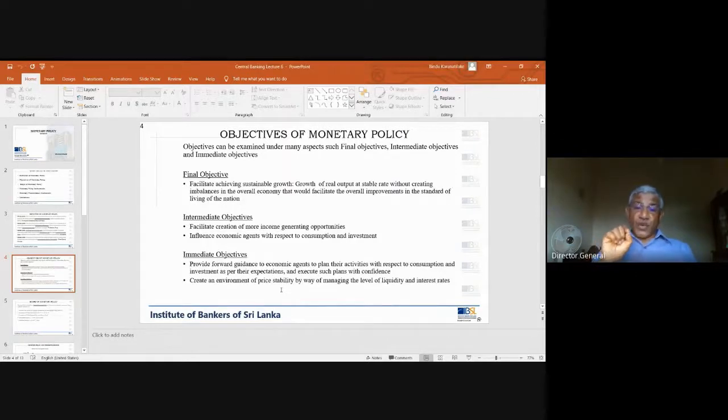Whatever stable growth rate the society achieves should be without creating any imbalances in the overall economy. Then somebody can ask, does that mean that the government should never borrow? No, that doesn't mean that. You can borrow, but the borrowings or the public debt should be manageable. If it has ballooned to an unmanageable level, then there is imbalance.